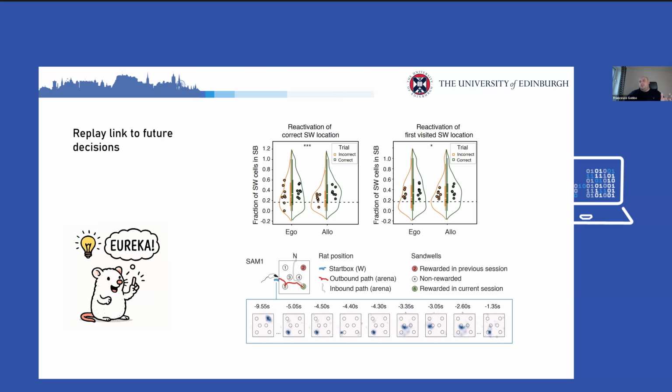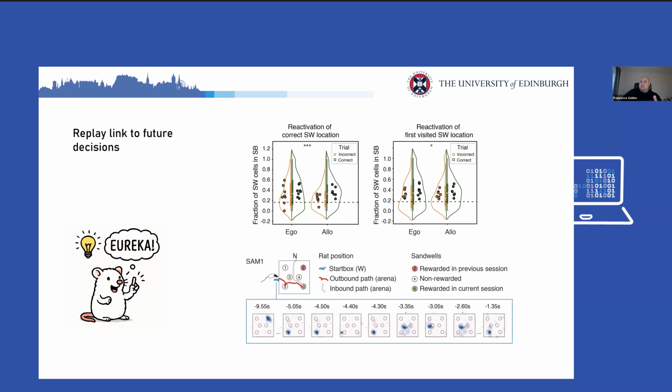So we then asked whether the animals were instead thinking of the first visited sandwells, and indeed we found there was a significant trend towards that, meaning that when animals were making mistakes, it's not that they were thinking of nothing, but rather they were thinking, with a higher chance, of the actual position where they would end up being.